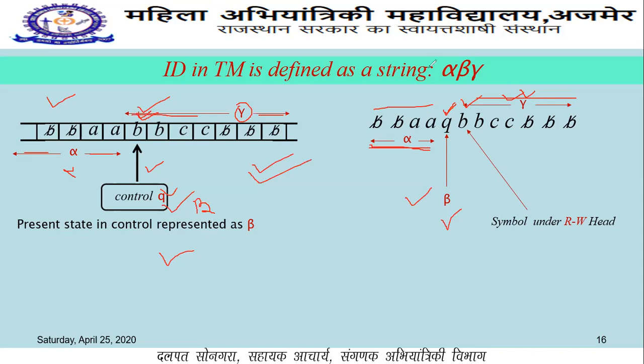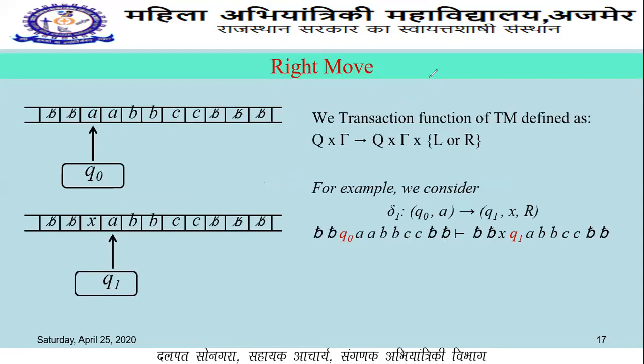I think it is clear. So now we move next to understand left and right moves. Actually, left and right moves are used for the transition purpose in a Turing machine during the processing.